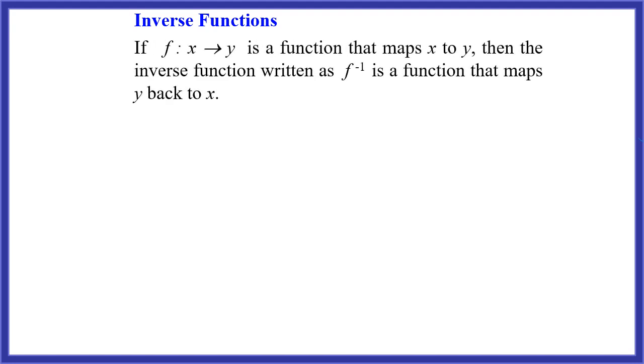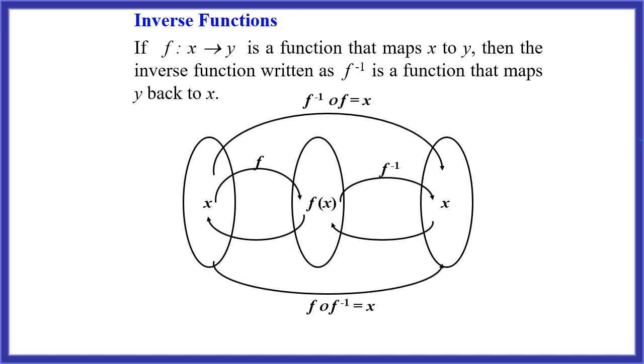If f is a function that maps x to y, then the inverse function, written as f negative 1, is a function that maps y back to x. So it's going back. This is the arrow diagram.